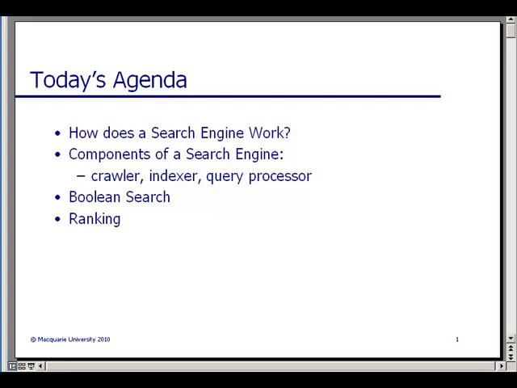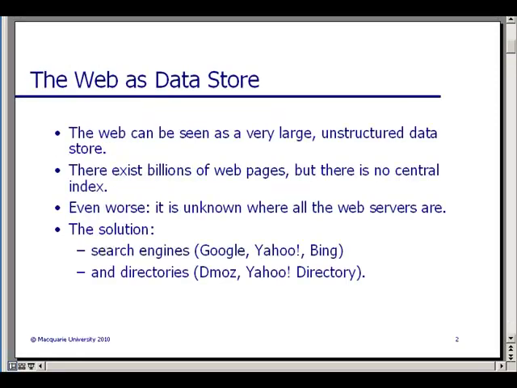I would also like to give you some background information how Boolean search works. And then the query processor comes back with a bunch of documents, and we have to be able to rank these documents somehow, because we would like to have the best document on top of the list and display this in the web browser.